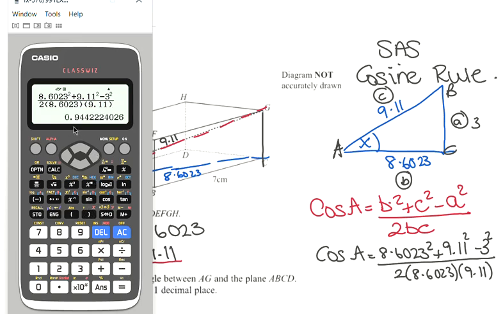And this is going to be 0.944. Now I'm going to keep this in my calculator, but I'll write it down here.